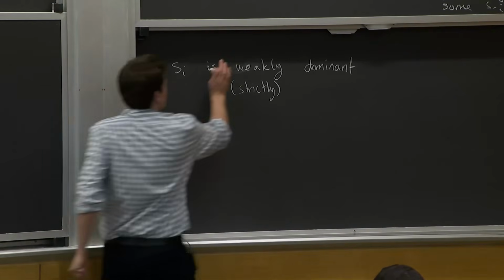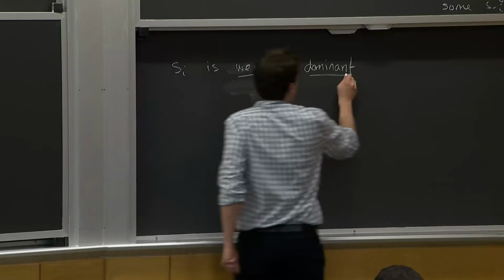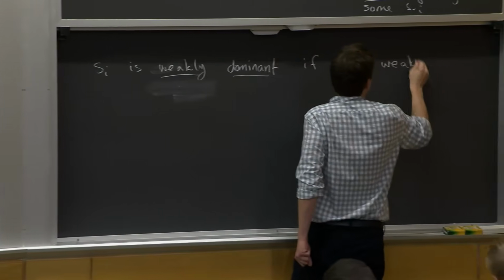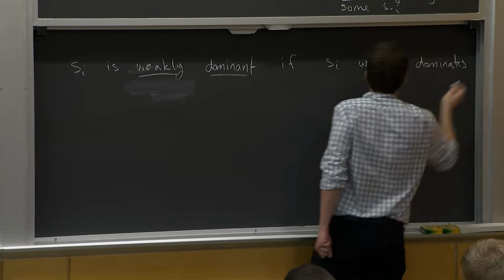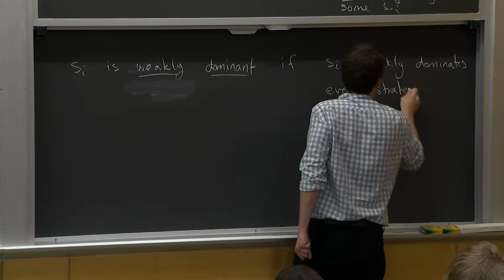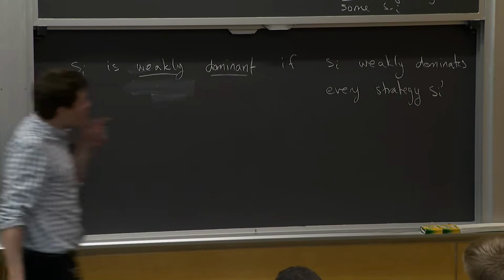So maybe I'll just do weakly to avoid confusion. We say SI is weakly dominant if SI weakly dominates every strategy SI prime. Now I need to be a little careful. There's something wrong here.